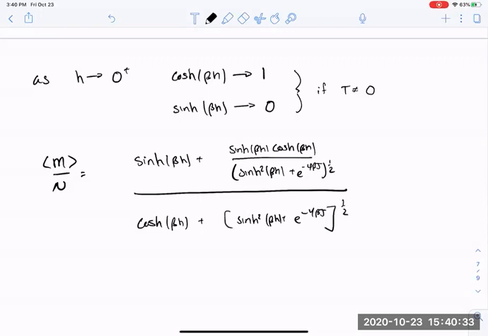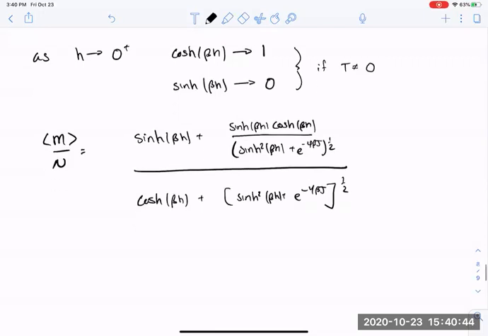Okay, that's the average magnetization, really ugly. However, both of those are proportional to sinh, which is going to 0. So M will go to 0 as H goes to 0 and T is not equal to 0.